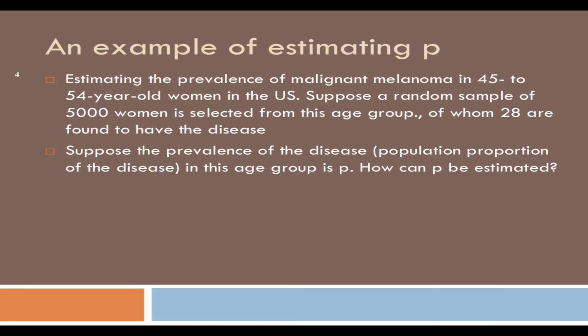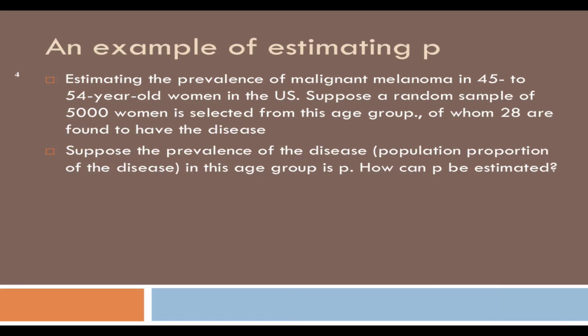And then suppose you get 5,000 samples as your sample, and you found 28 of those have this disease. So your population in this example is all the women within this age interval in the US. And your task is to estimate the prevalence of melanoma in this population.